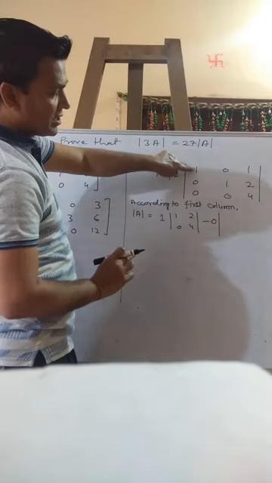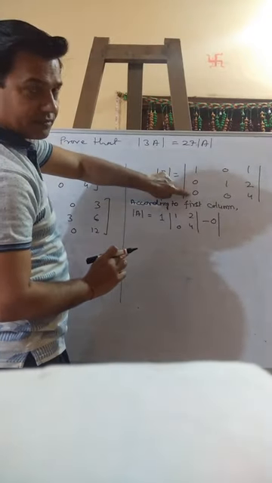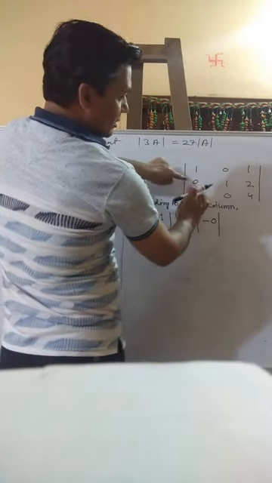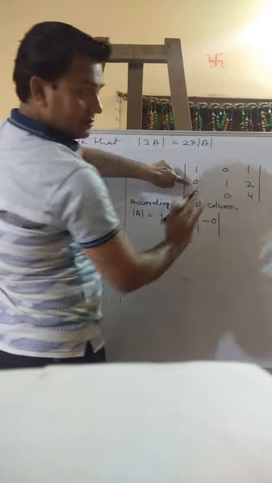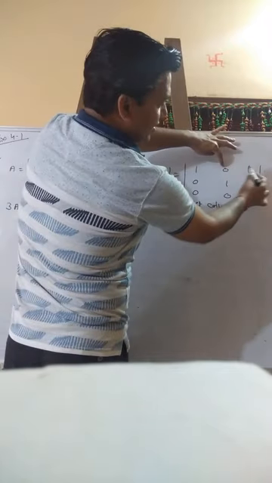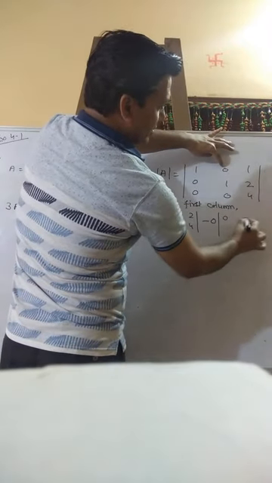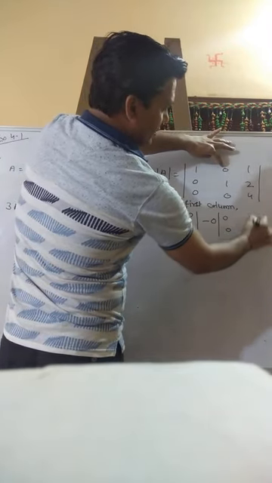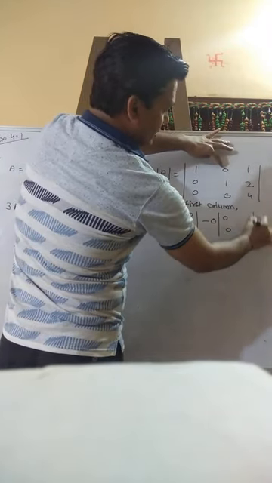This one is positive, this one negative, again positive. So second row element live, first column elements are live. The rest are 0, 1, 0, 4. Plus the third element is also 0. First column and third row drop.